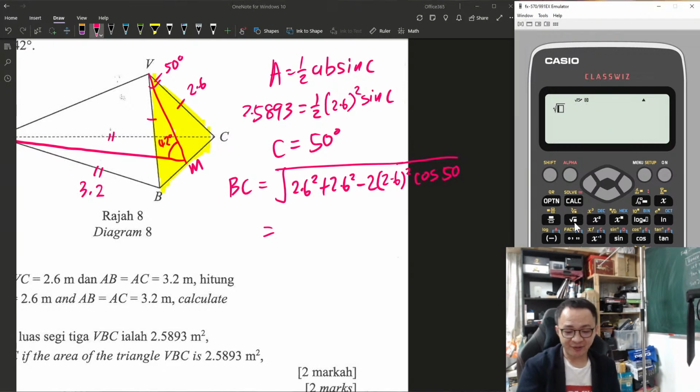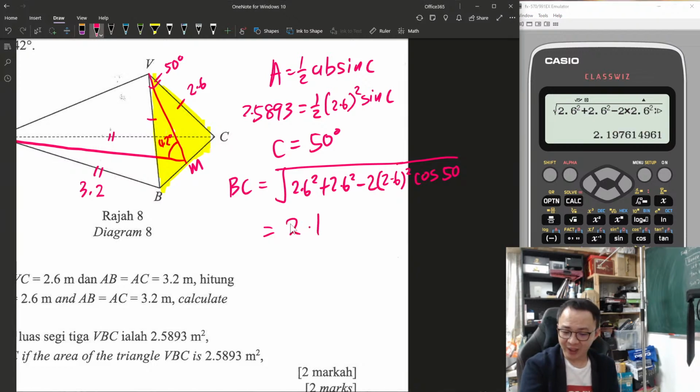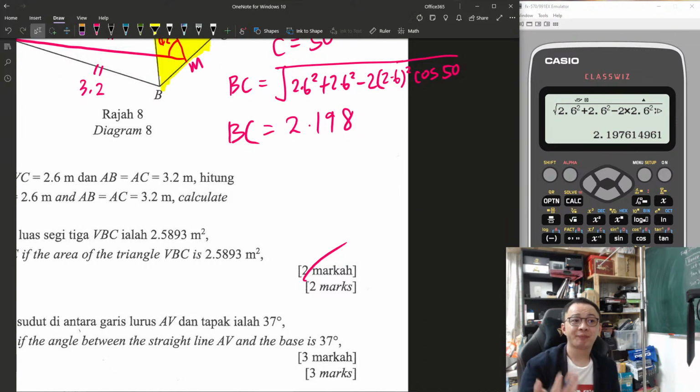I type everything into the calculator. Hope I didn't make any mistake. So it's 2.198 as the length of BC, 2 marks. Not too bad.